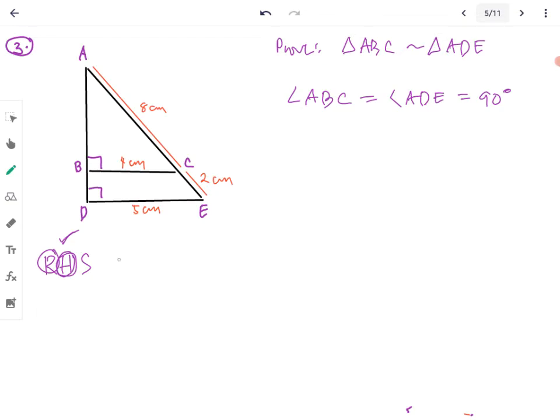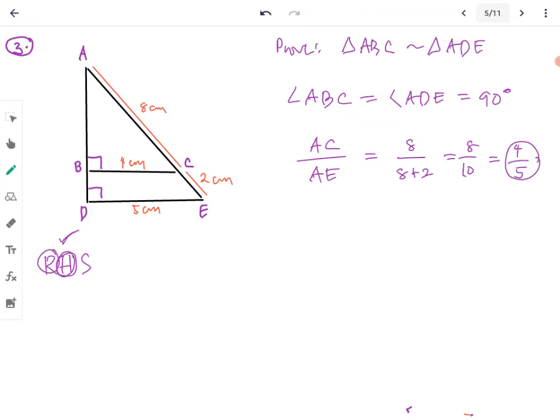In the smaller triangle, the hypotenuse is AC, while the hypotenuse for the larger triangle, ADE, is AE. Let's find the ratio. AC is 8 cm. AE is 8 plus 2. So that gives us 8 over 10, which is 4/5.